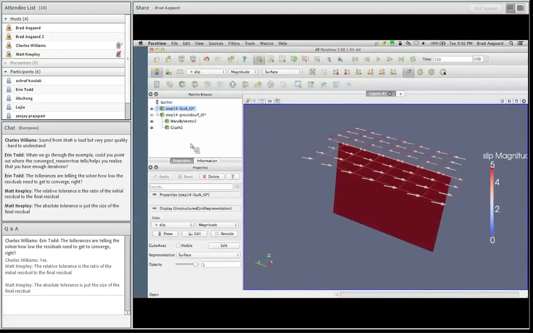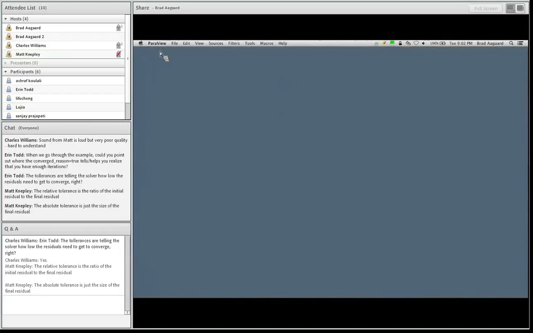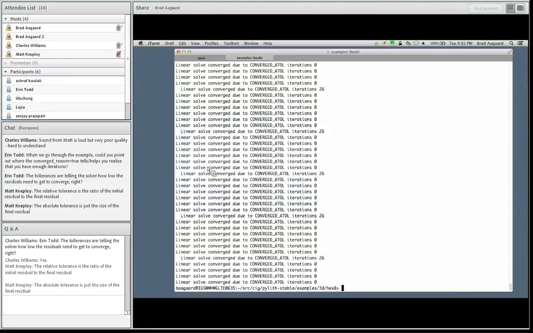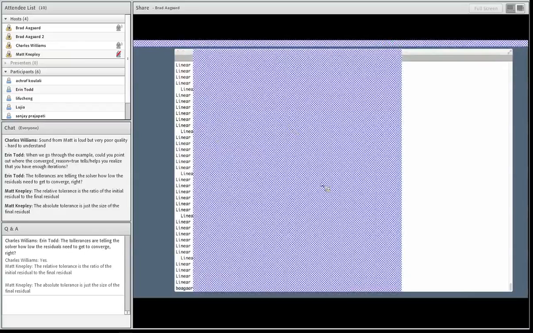Okay, so let's go back and make some mistakes. Let's go to the terminal, and I'm going to go over here in my editor, and behind the scenes I'm going to change something, and we'll see if we can figure out why things go wrong.